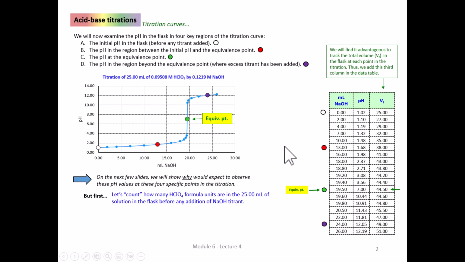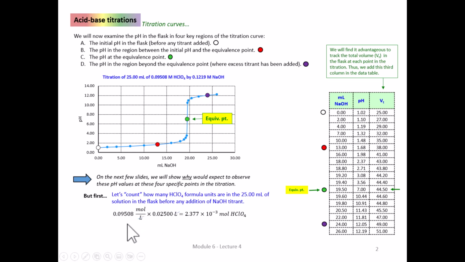First, it's always good to count how many perchloric acid formula units are in the original 25 milliliters of solution in the flask. In other words, let's count our analyte formula units before any addition of titrant. That's straightforward.